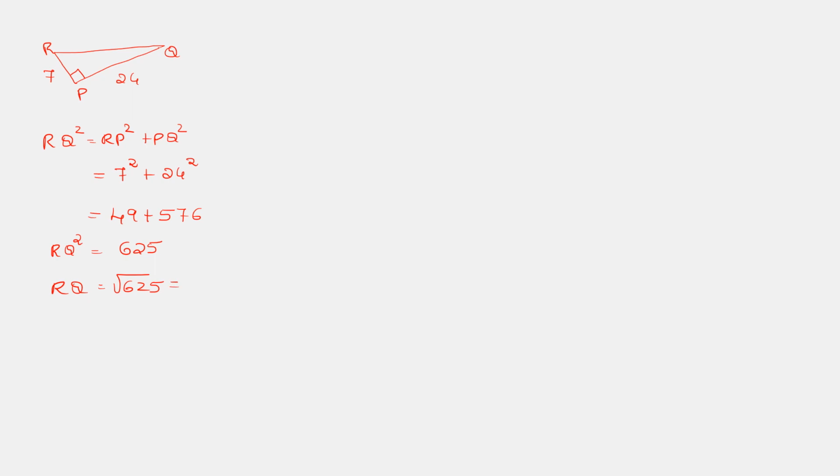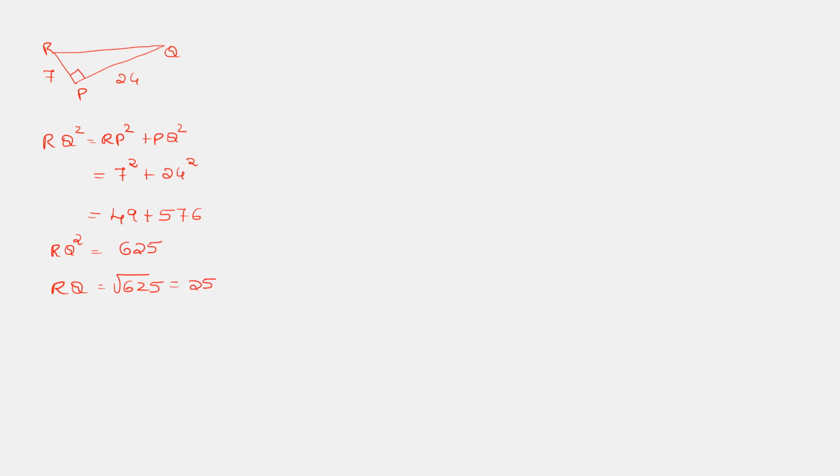We have triangle PQR where angle P is equal to 90 degrees. Therefore, RQ square is equal to RP square plus PQ square, where RP is equal to 7 centimeters and PQ is equal to 24 centimeters. So RQ square is 7 square plus 24 square, which is 49 plus 576. Simplifying, RQ square is equal to 625, and RQ is equal to the square root of 625, that is 25.